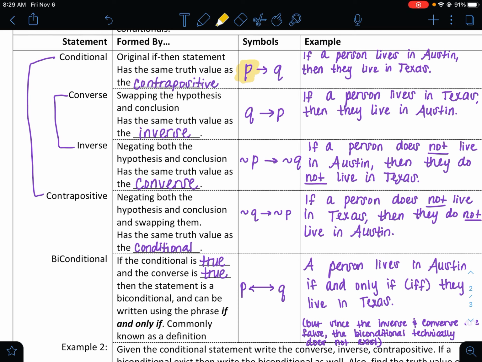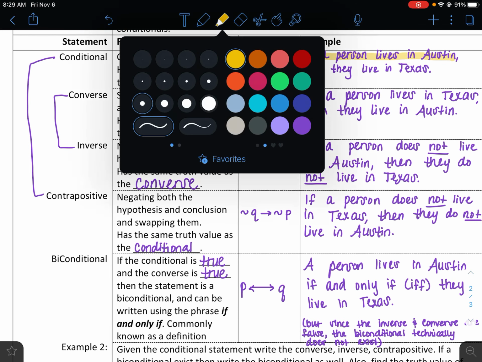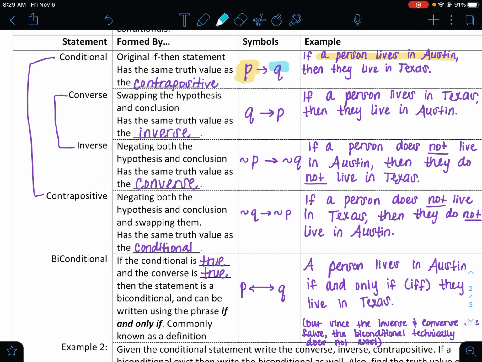P is the hypothesis, the part that comes after the word if, and Q represents the conclusion, what comes after the word then. So if a person lives in Austin, then they live in Texas. The first part is the hypothesis, the last part is the conclusion. That again is a regular conditional statement.